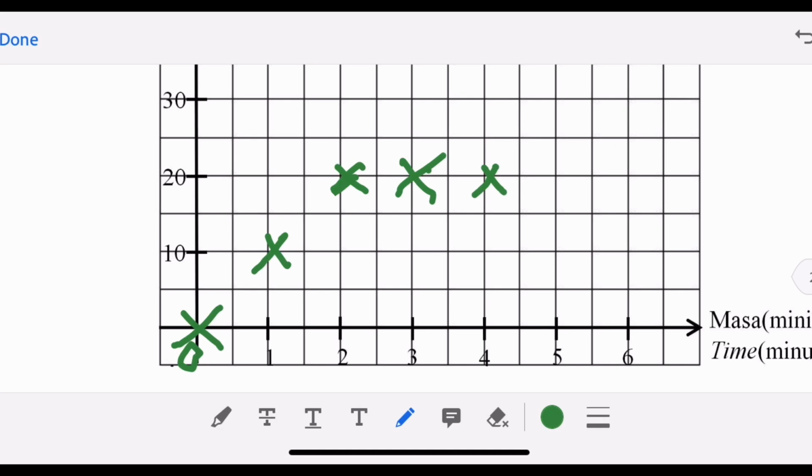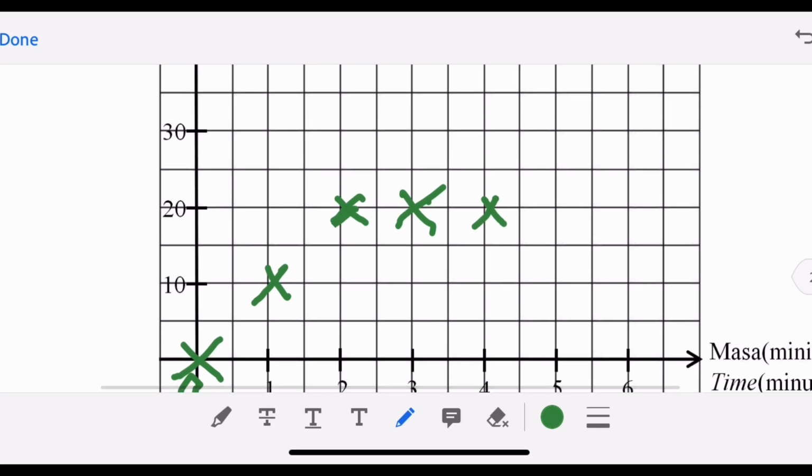So you have 3 points which are at 20 meters, and then for the second last, the distance is 30, and then the final one is 25. Okay, so we will connect all the points using a ruler.